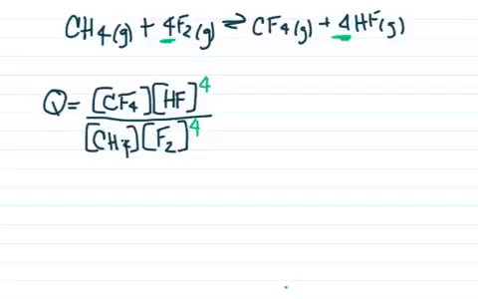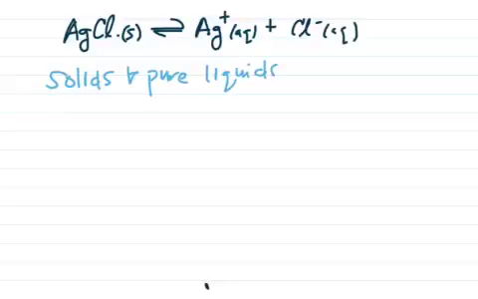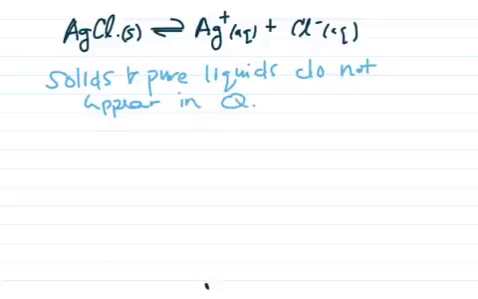Now let's take a look at another example. Now we have silver chloride goes into silver and chloride ions. One thing you need to know about Q and K when you're putting it into an equilibrium constant is that solids and pure liquids do not appear in Q, in our equilibrium constant.